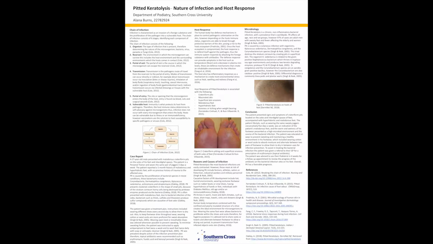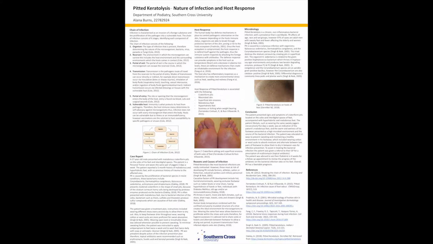The patient was educated on ways to prevent sweating and maintaining a healthy environment in his footwear, which included wearing cotton or wool socks to absorb moisture and alternating between two pairs of footwear to allow them to dry in between uses for infection prevention.